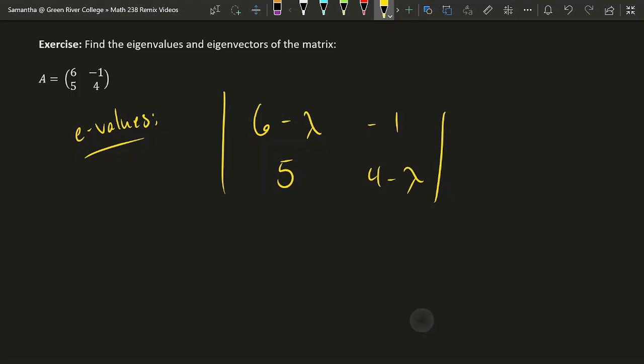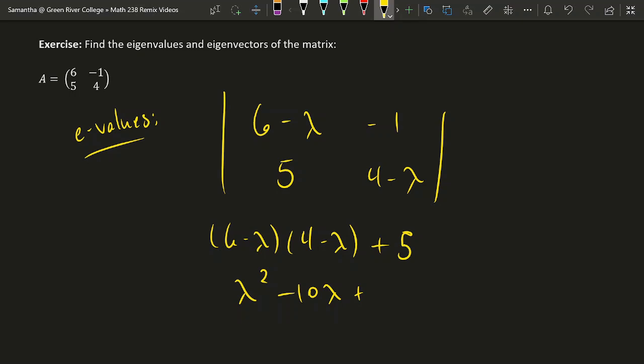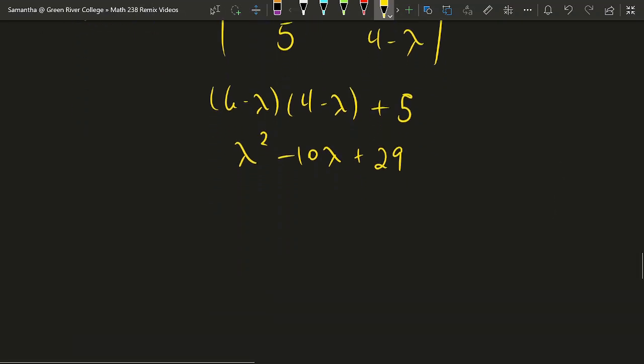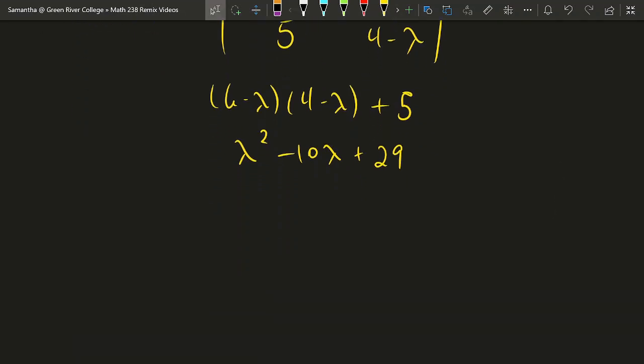And this gives me (6 minus lambda)(4 minus lambda) minus 5 times -1, and after simplification, that looks like lambda squared minus 10 lambda plus, I guess, 29. Now, if I set that equal to 0, that doesn't appear to be factorable. So I'll solve using the quadratic formula.